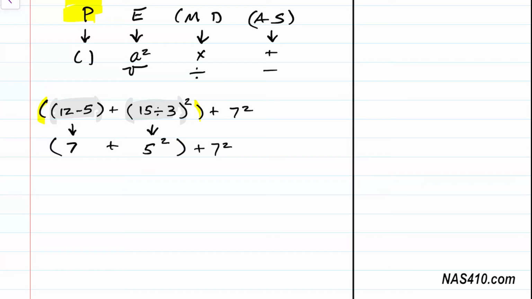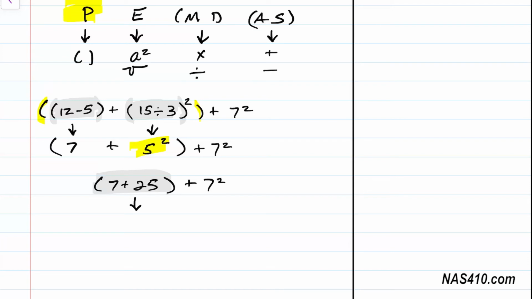Now within the parentheses, I'm going to do exponents next. So I'm going to solve this term right here. 5 squared is 25, and what I'm left with is 7 plus 25 plus 7 squared. I still have these parentheses to contend with, so I'm going to do the math inside of those first.